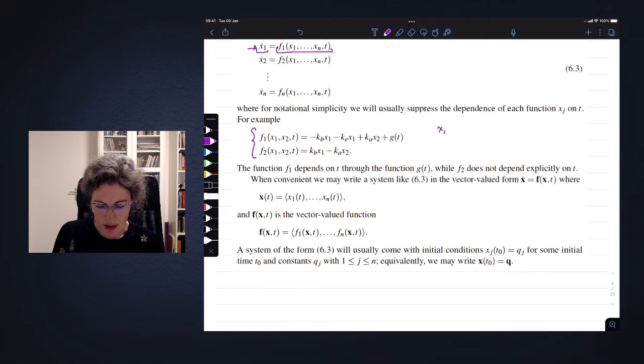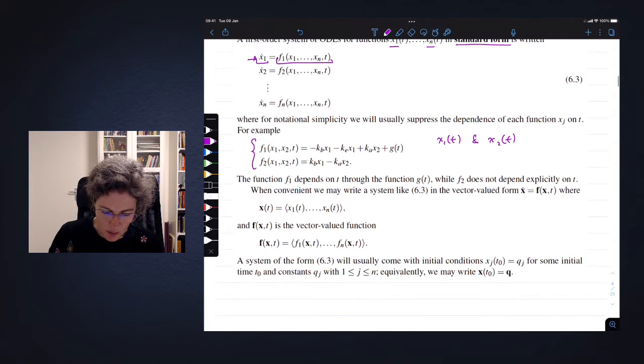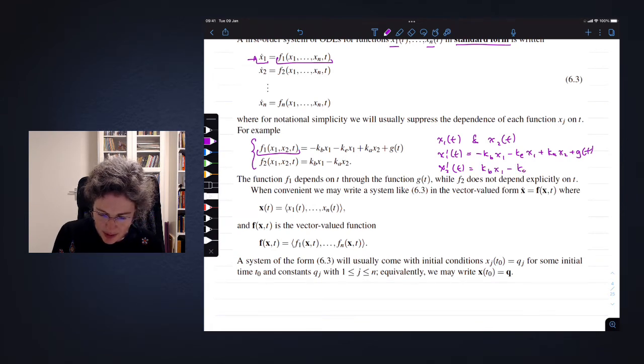So we have x1 of t and x2 of t, and we're going to say, for example, that our first differential equation would be, I'm going to actually use slightly different notation, x1'(t) is equal to, this is the f1 that we'll use, minus kb x1 minus ke x1 plus ka x2 plus g of t, and our x2 of t, its derivative will be kb x1 minus ka x2.